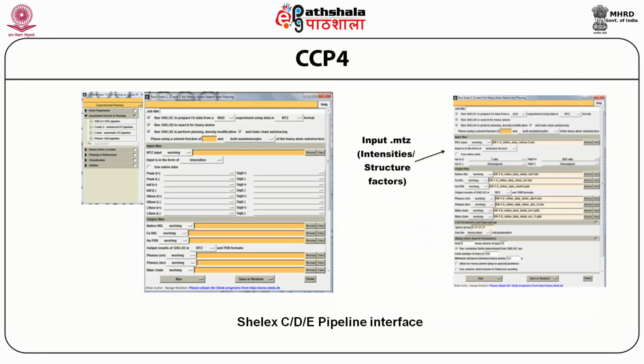So this shows the execution of the programs SHELXC, SHELXD and SHELXE, which is a pipeline interface. So we are going to give the input in MTZ format, where we have intensities and structure factors provided in the input.mtz. Then the output file names, everything we give, will be generated with the name you have given.